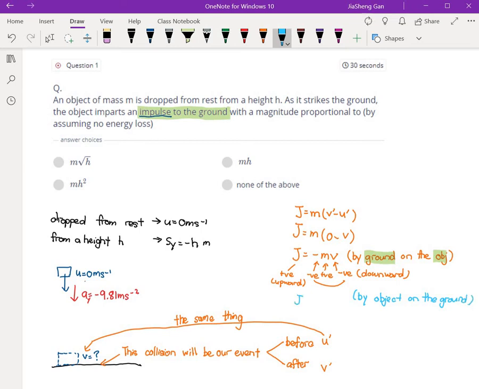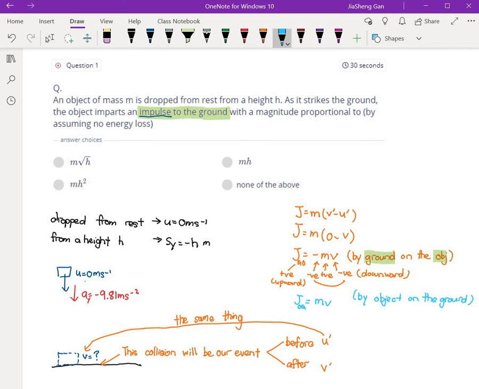Our J will be equal to mv instead. Just now this one was by the ground on the object. Now this one is by the object on the ground. Knowing this, we can start to see what it is proportional to. We want to find what mv is proportional to.